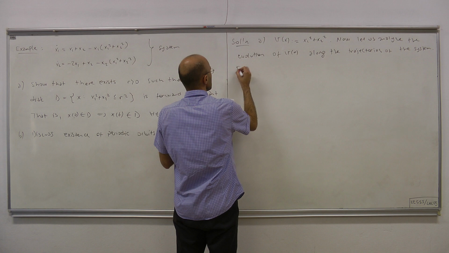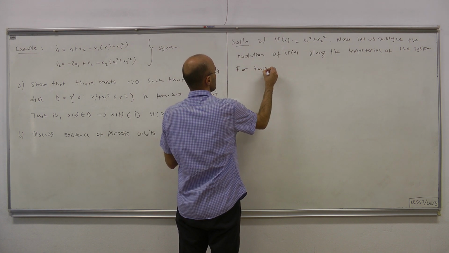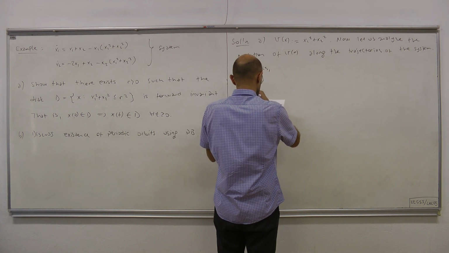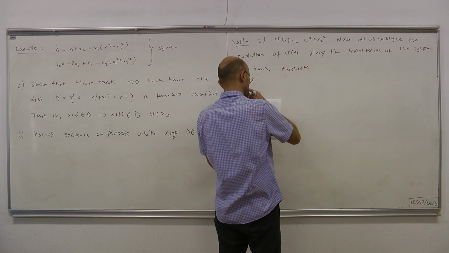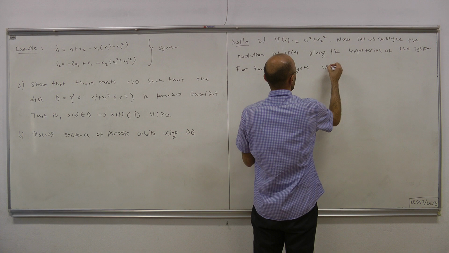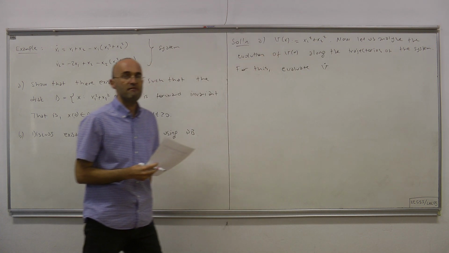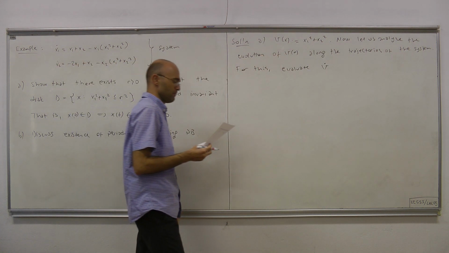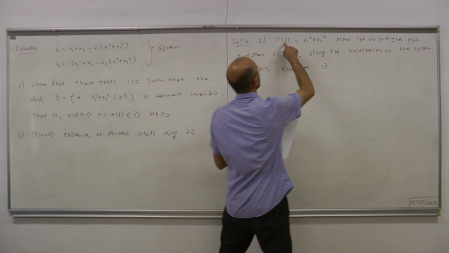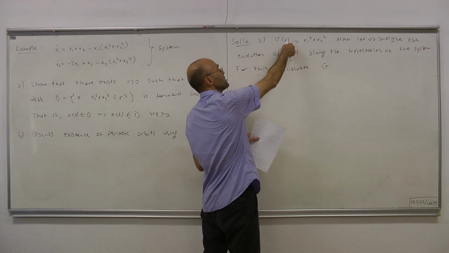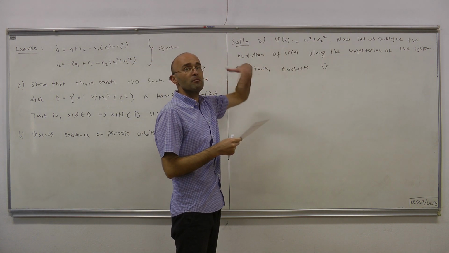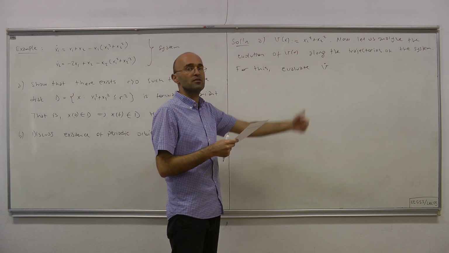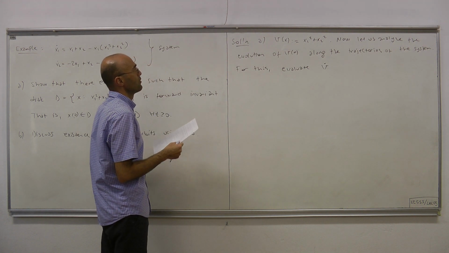So for this purpose, let us attempt to evaluate V dot. By V dot, we mean this: x now is replaced with x of t, a solution, and then this V therefore becomes a function of time, and then you take the derivative of V with respect to t.